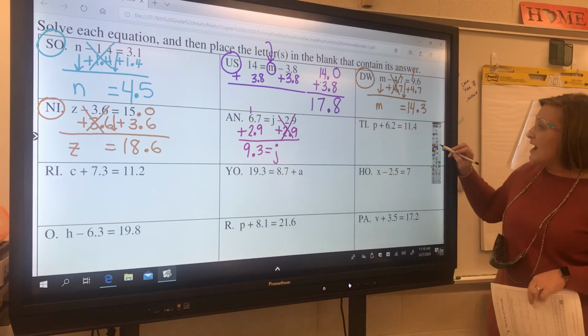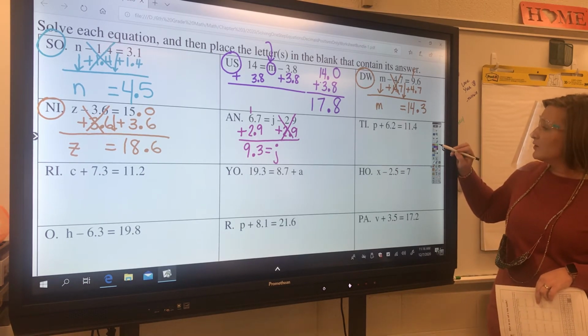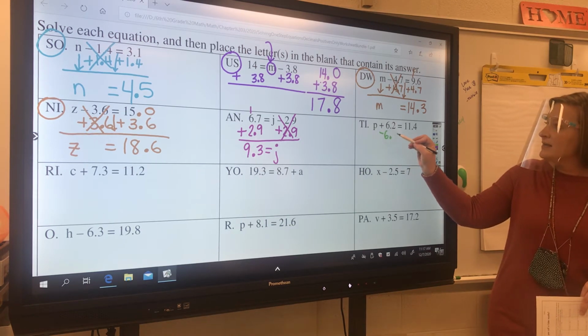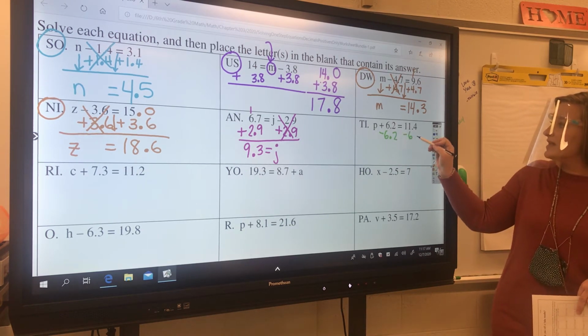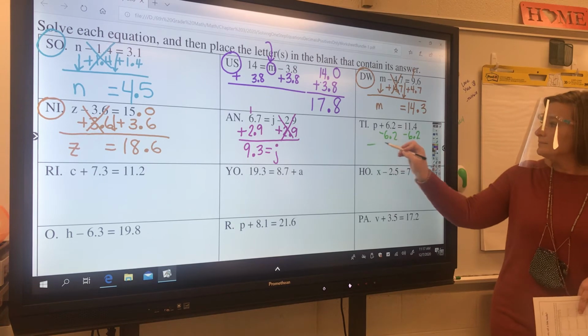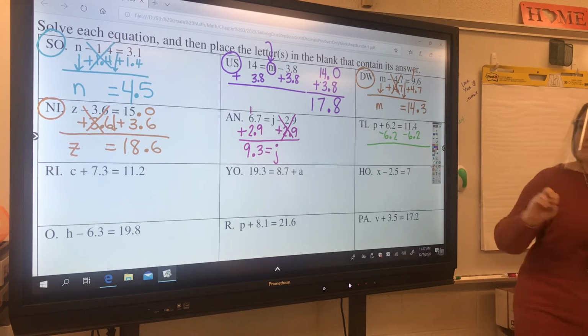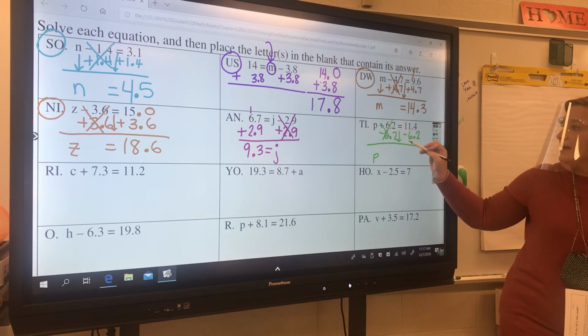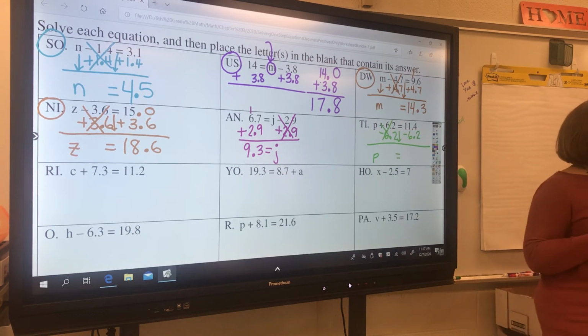So TI, we're going to have to subtract, okay? So let's subtract 6 and 2/10 from both sides. Okay, so we're left with P on the left. And how do we subtract decimals?